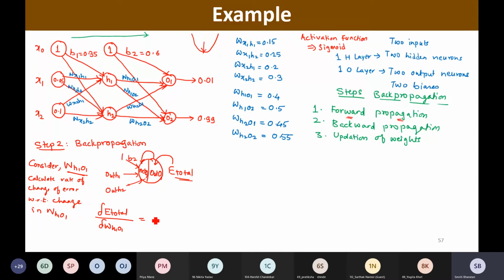We are not going into the derivation of this. I am simply giving you the formula. We are making use of the chain rule.